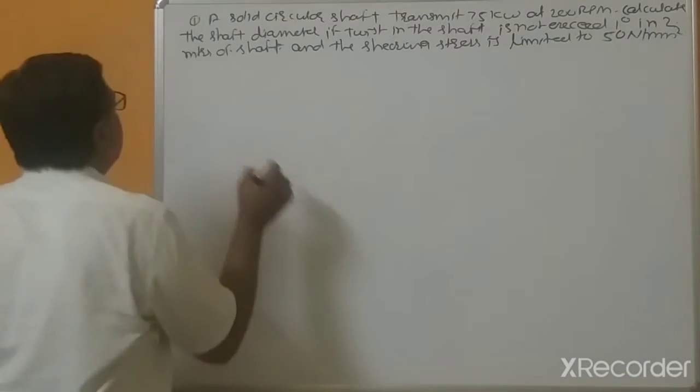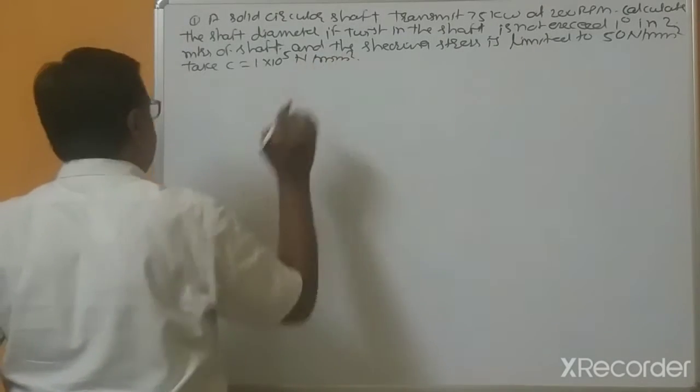Take C equal to 1 into 10 to the power 5 Newton per mm square.